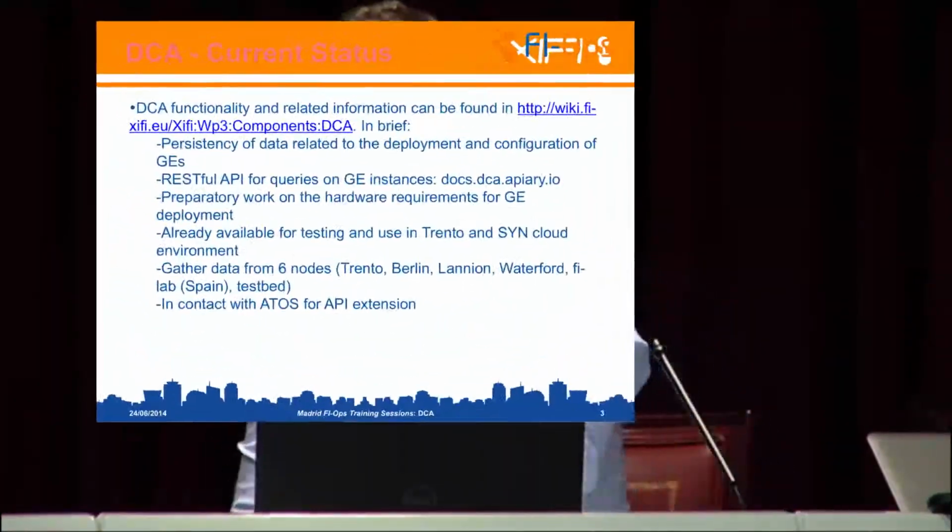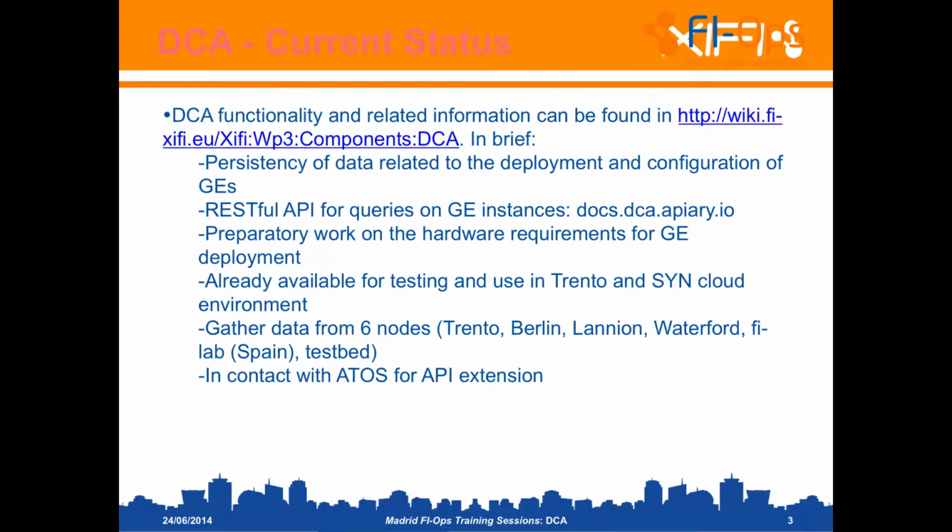If you want some more specific information about the DCA, you can check the wiki page about the DCA component. There is the link. To sum up, the most important thing is the persistency of the data related to deployment and the configuration of generic enablers.